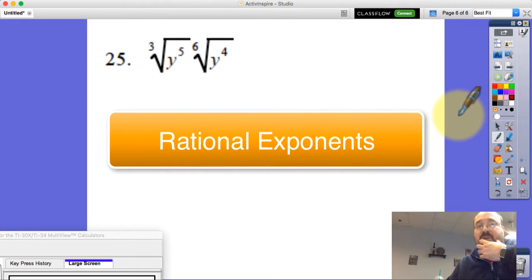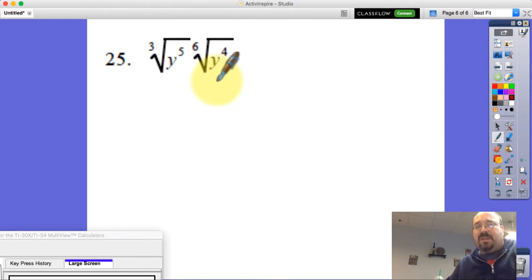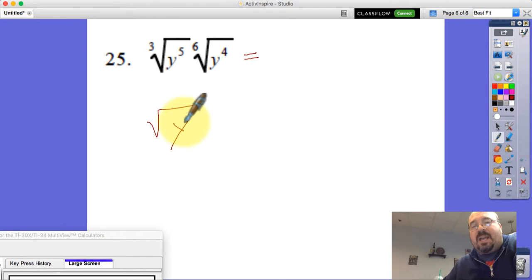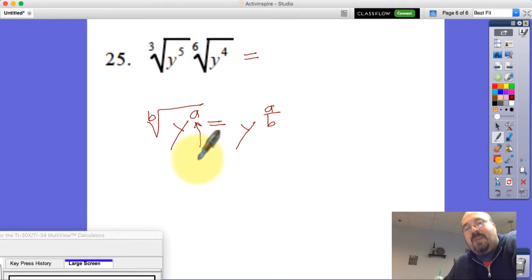So the next problem I'm going to do here, I want to combine these two variables into one using rational exponents. So the first thing that I'm going to do is I'm going to use the idea that when I have a root, which is this, and a power, I can rewrite them as a fraction. Let's say that this is A and this is B. This can be rewritten as y to the A over B. The way I remember this is my power and this is my root.